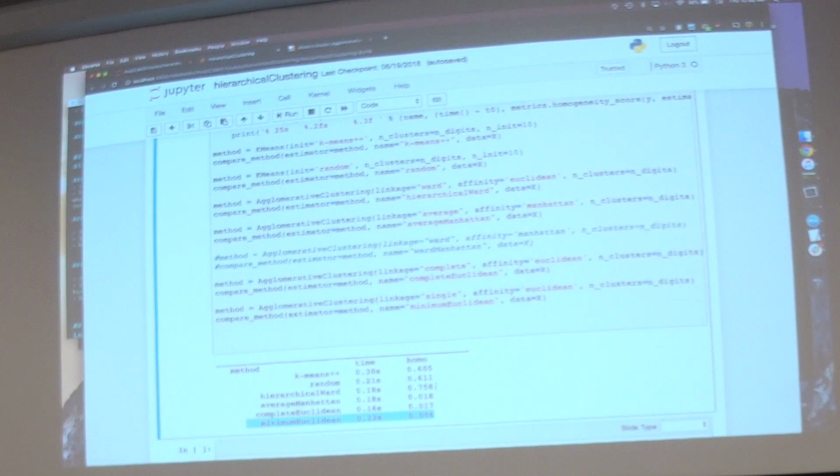It looks like the hierarchical Ward seems to be by far the best. So it looks like there's a pretty big impact on how we measure distances and how we choose to merge for this particular data set.